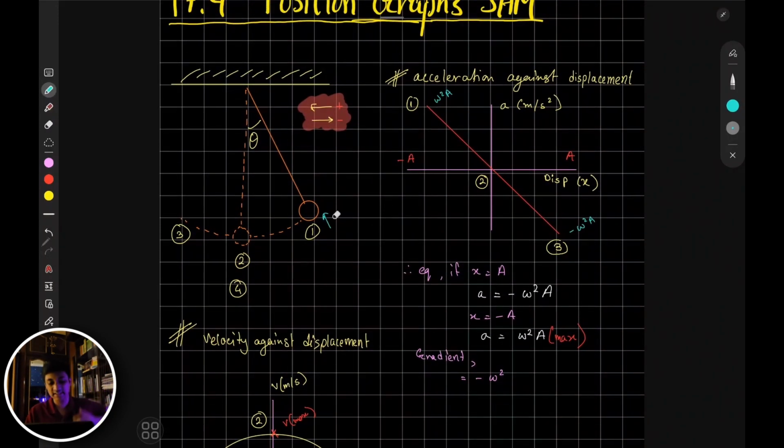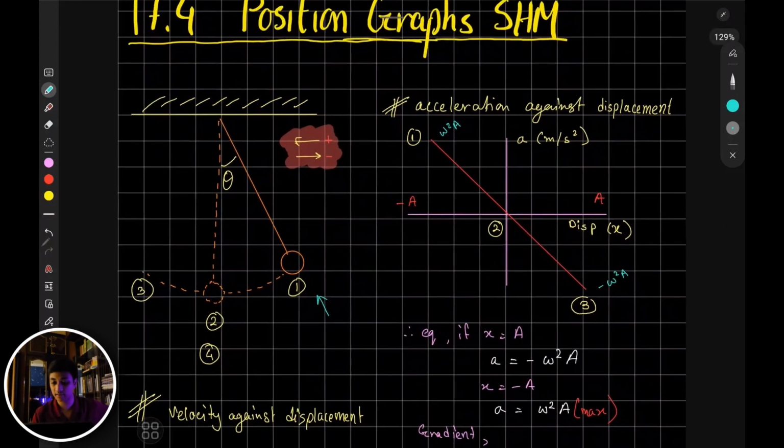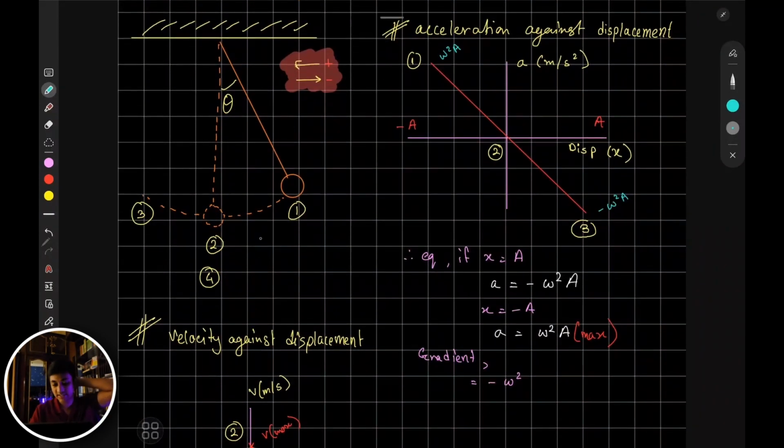And the other point is, if displacement is maximum, velocity is 0, and if velocity is 0, the acceleration is maximum. And you're going to get a positive value. Why? Because notice that the displacement is negative. What does a = minus omega square x tell you?